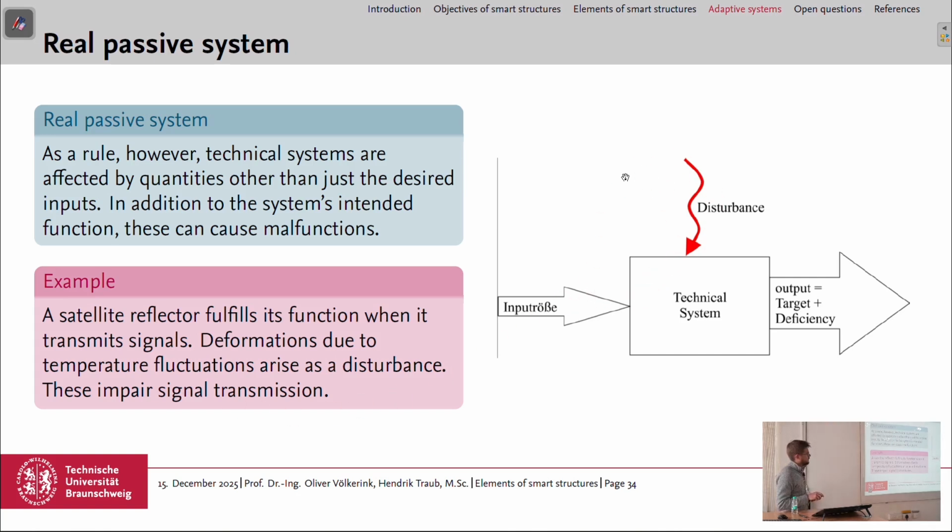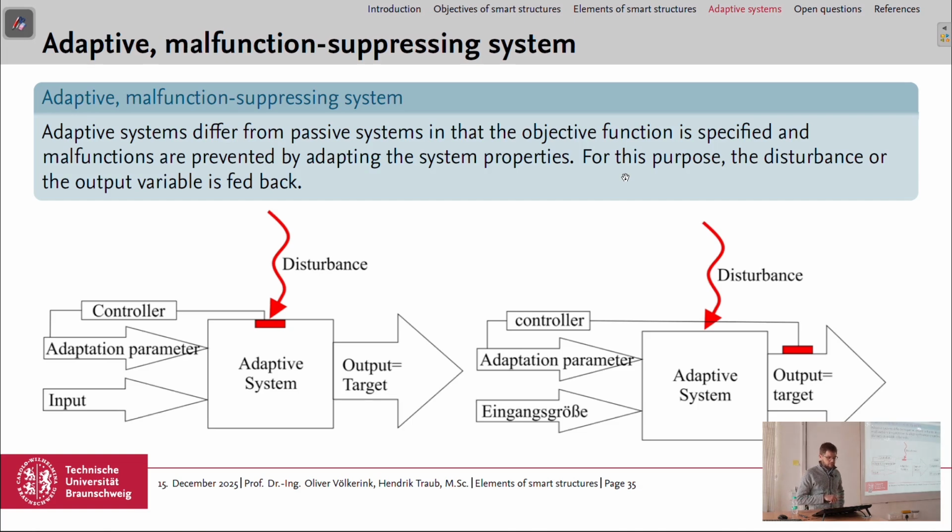So what could we do? We can build adaptive systems which suppress these kind of malfunctions, and they differ from passive systems in that the objective function is specified and malfunctions are prevented by adapting the system properties.